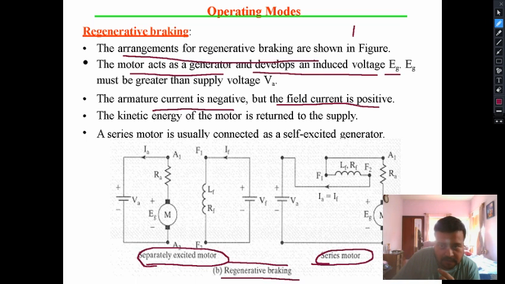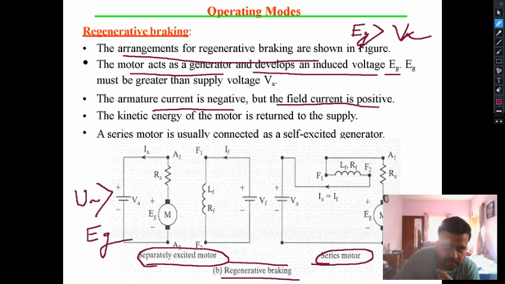So EG must be greater than the supplied voltage VA. So you see over here, when the power supply VA is greater than EG, we will see that the machine is operating under motoring condition.